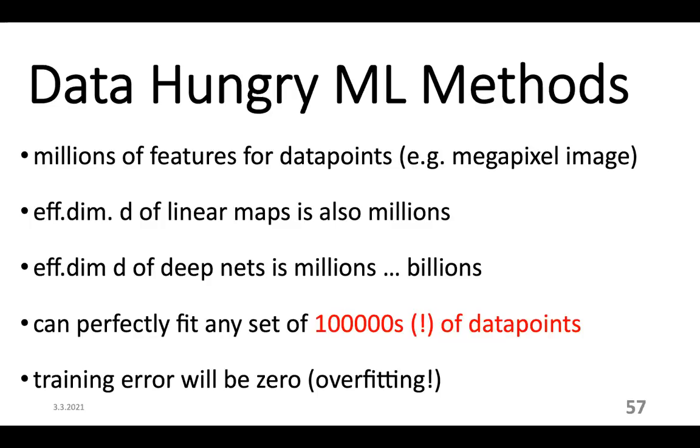The effective dimension of a deep network, of an artificial neural network, is more or less on the order of the number of tunable parameters, and there are deep networks which use billions of tunable parameters. So the effective dimension of these models is billions. And by definition, as soon as the training set is smaller than the effective dimension, we will most likely overfit.